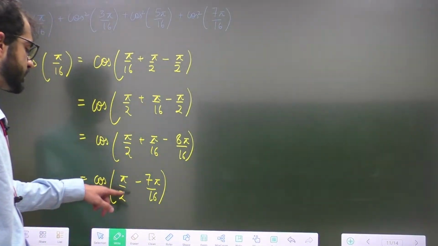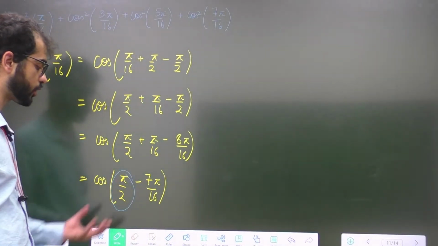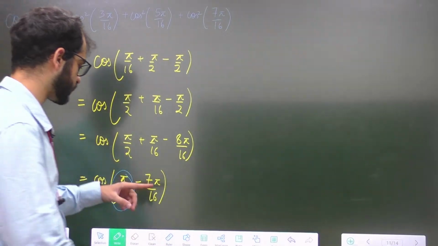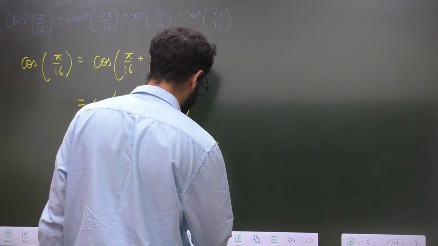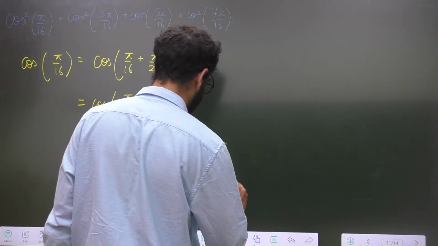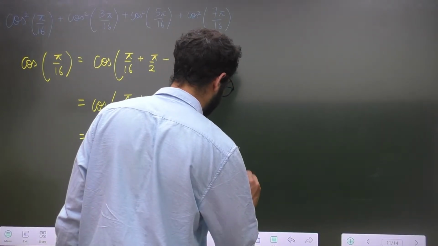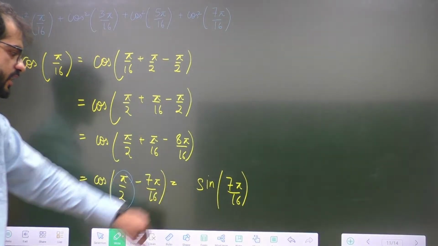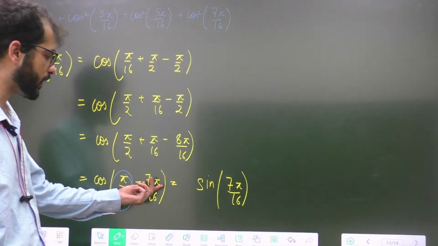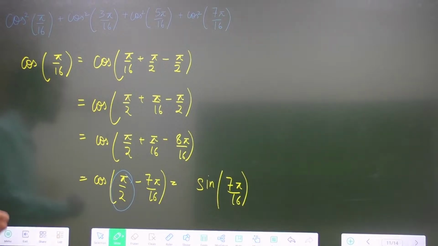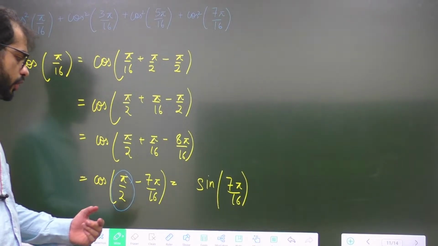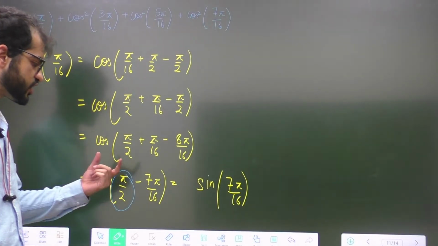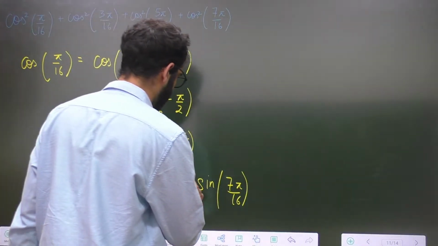Now, since this is a multiple of pi by 2, cos will get converted to sine. So I'm going to write sine over here. Theta is 7 pi upon 16. Now I have to talk about what the sign of sine will be. If I'm at pi by 2 minus an acute angle, that means I'm in the first quadrant. In the first quadrant, the sign of cos is positive, so I'll put a plus sign over here.